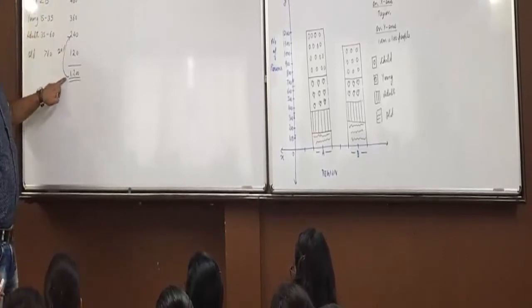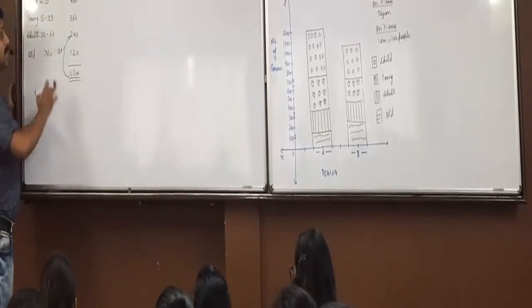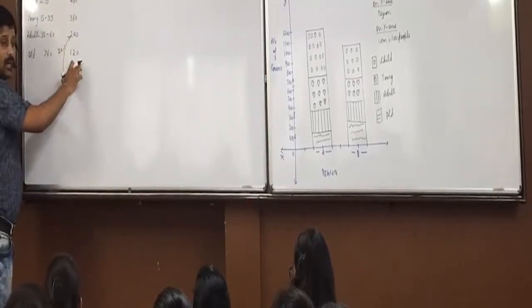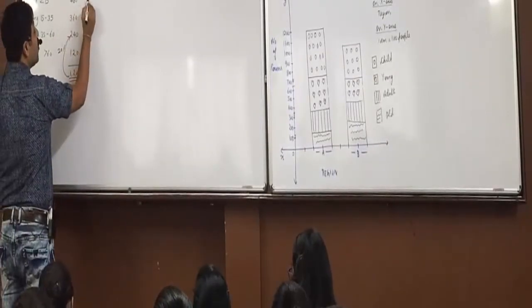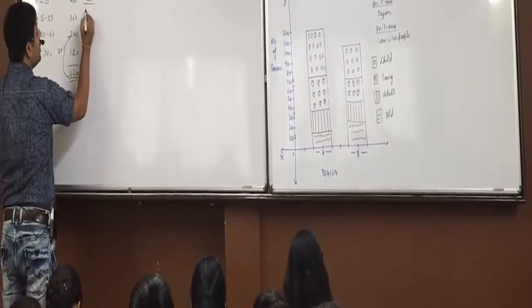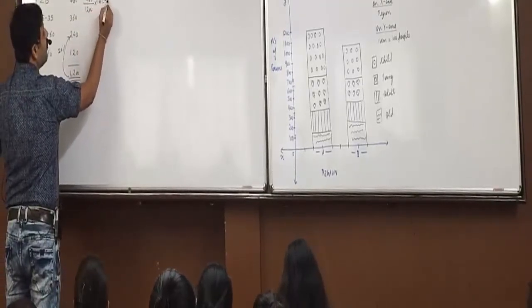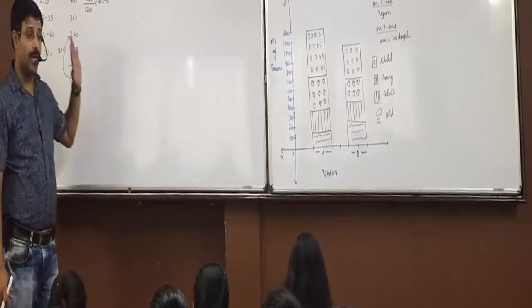Each figure divide by the total 1200 into 100. So 480 divided by 1200 into 100 is 40%. 40% of 1200 is 480.